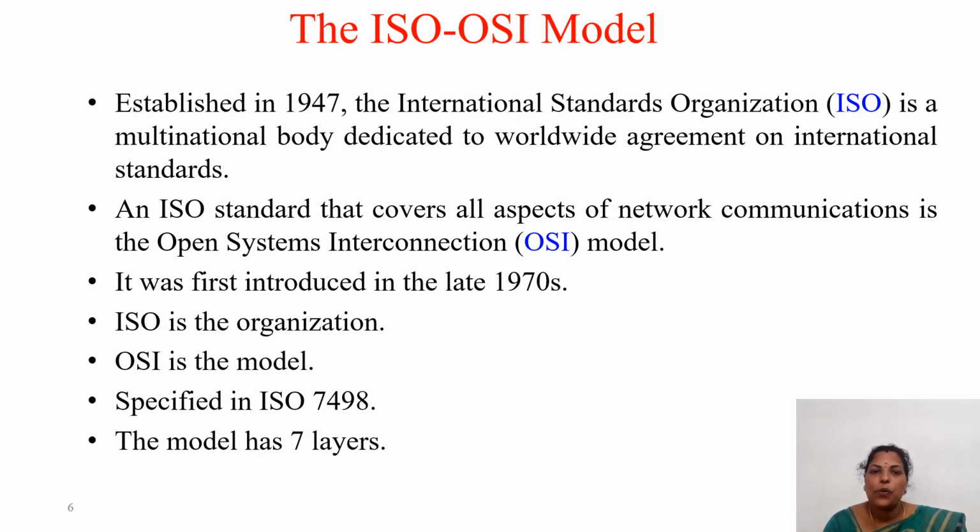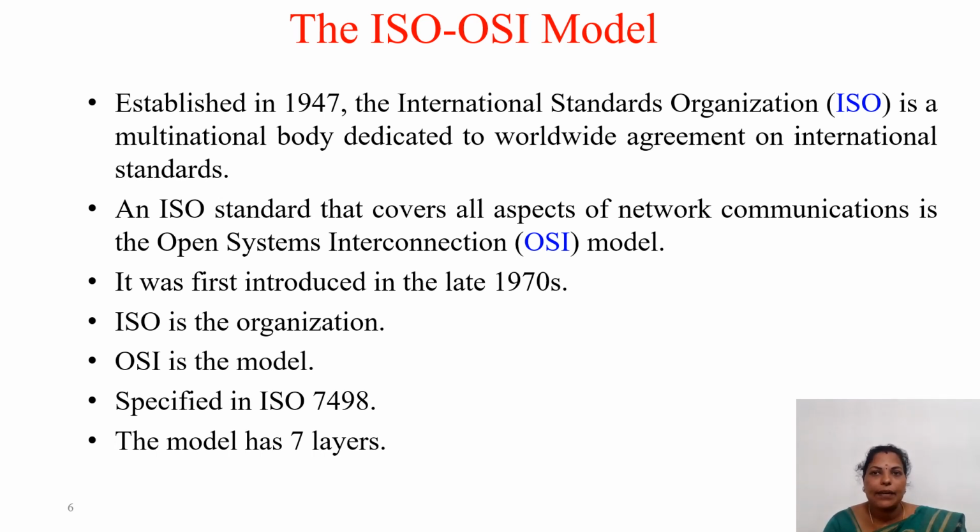The International Standards Organization is a multinational body dedicated to worldwide agreement on international standards. An ISO standard that covers all aspects of network communications is the Open Systems Interconnection Model, and it was introduced in the 1970s.